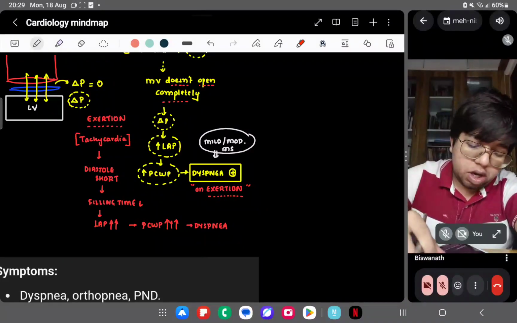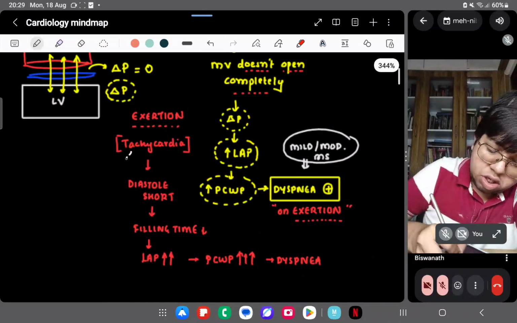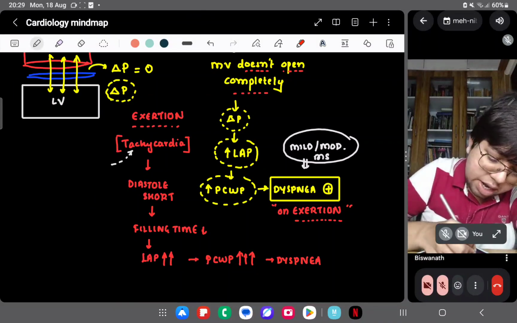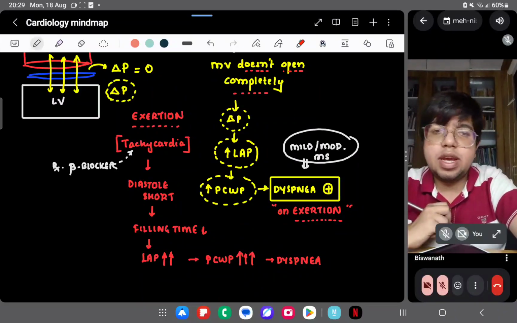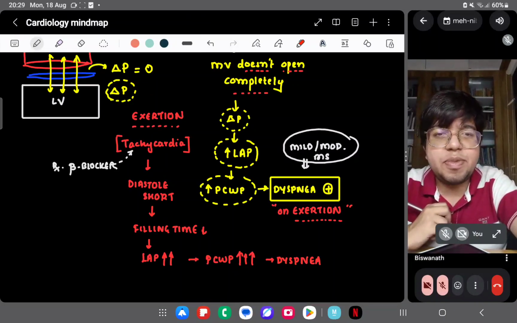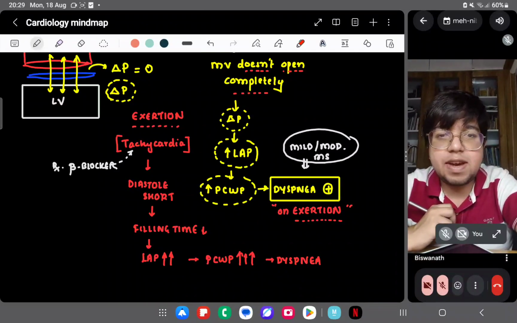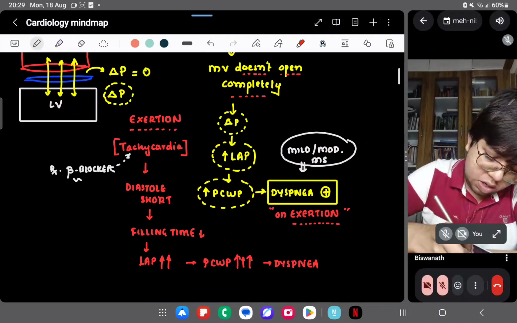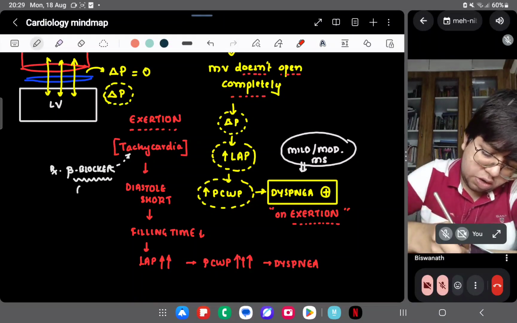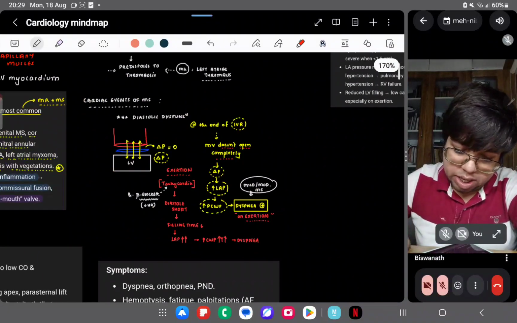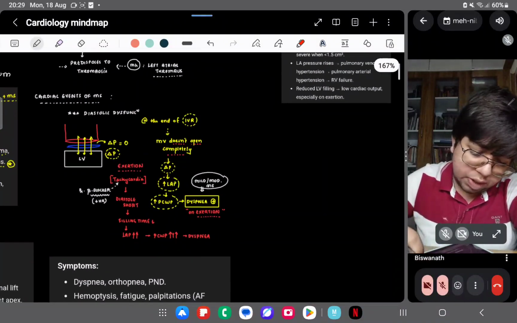The beta blocker will prevent this tachycardia. So management is just by beta blocker. You can give a cardioselective type of beta blocker, and the patient is fine. It will decrease the heart rate.